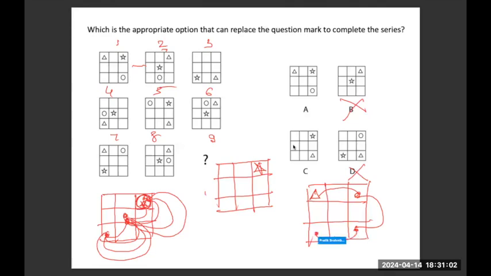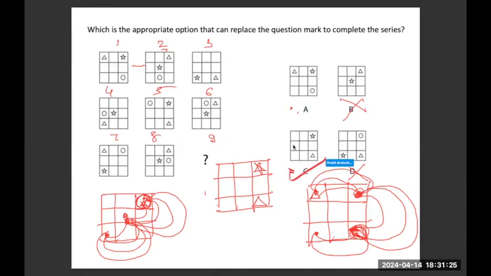From this position, it goes back here in the fifth position, back here in the sixth position, and then comes back here in the seventh position. Then it goes back here in the eighth position, which means it has to come here in the ninth position, which means the triangle will occupy this position. So that is happening between A and C. That is happening at only one place, which is C. So the correct answer is C.